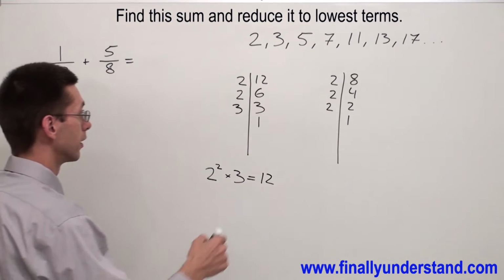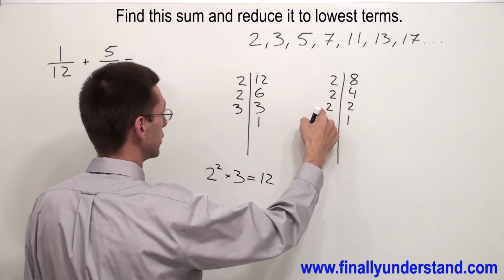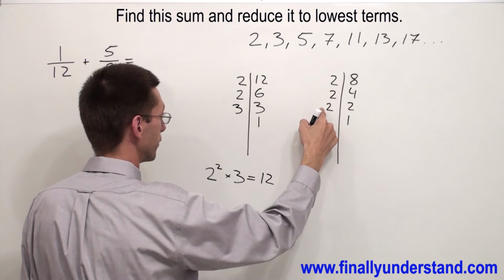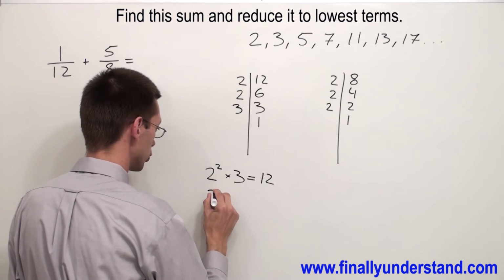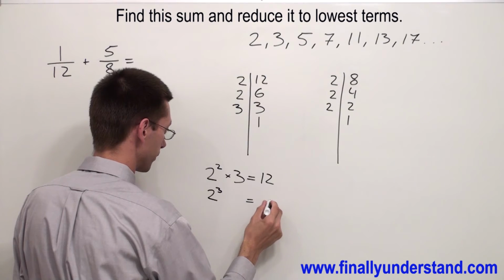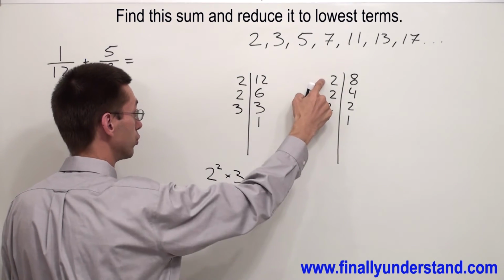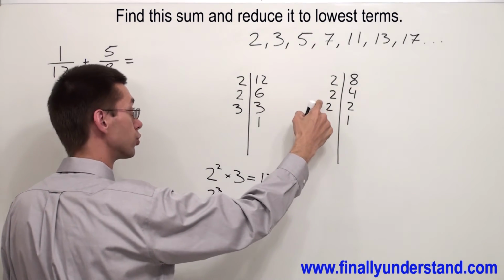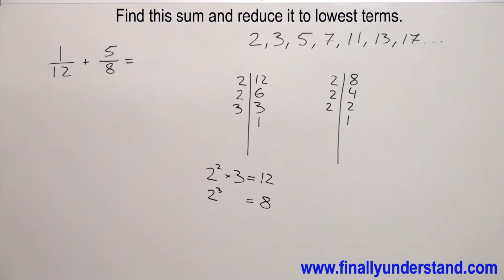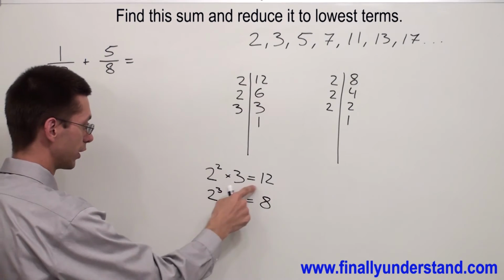Now, let's go with the second denominator. I have 2 times 2 times 2. This is nothing else but 2 to the third power, and is equal to 8, because 2 times 2 is 4, times 2 is 8. Now, just take a look over here. We have two equations.